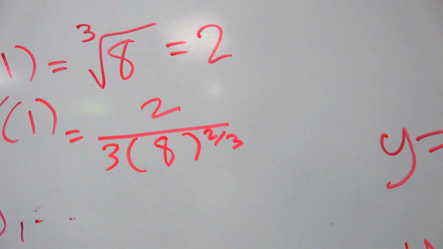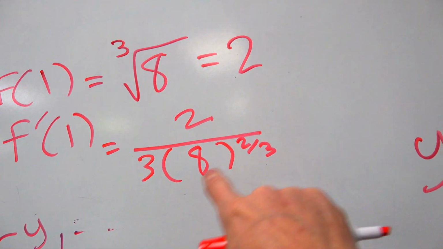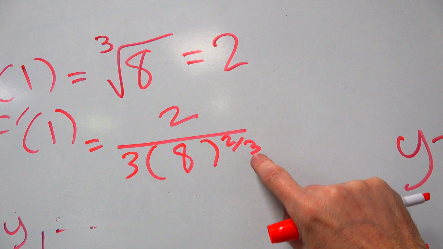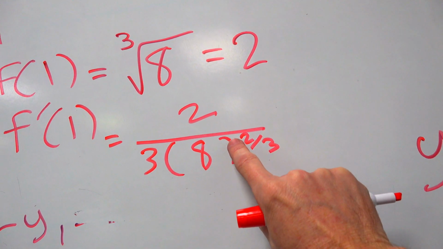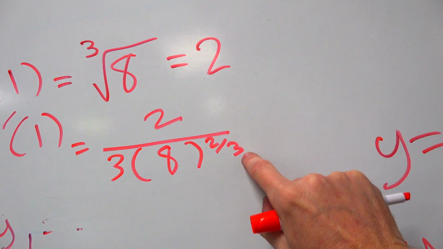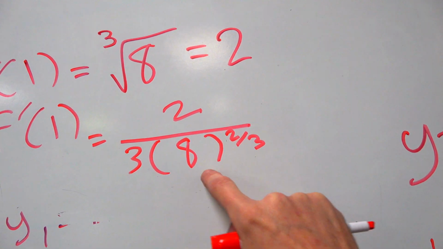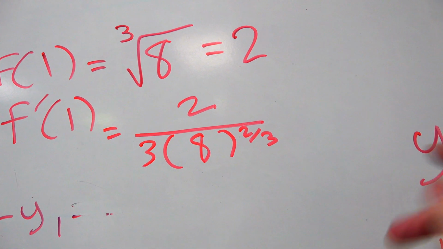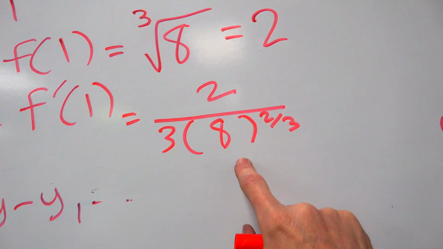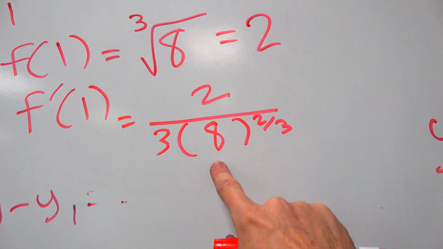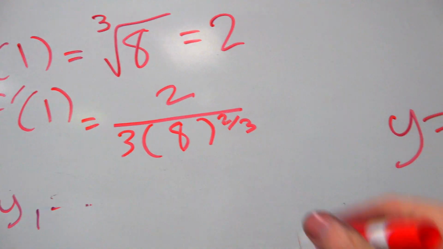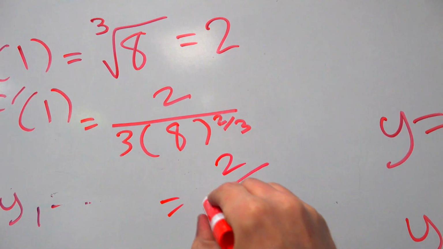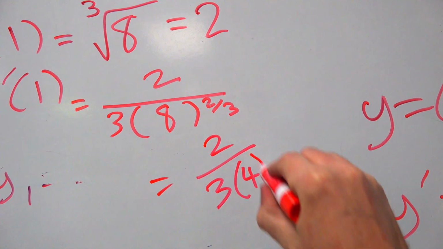All right, now we have to go back to Integrated 3: how to do fractional powers. You remember you always do the root first and do the power last. Do the cube root of 8 because it's easier always to do the root first. You could do 8 squared is 64. I don't know why you would. Cube root of 8 is 2, then 2 squared is 4, okay? So 2 over 3 times 4.